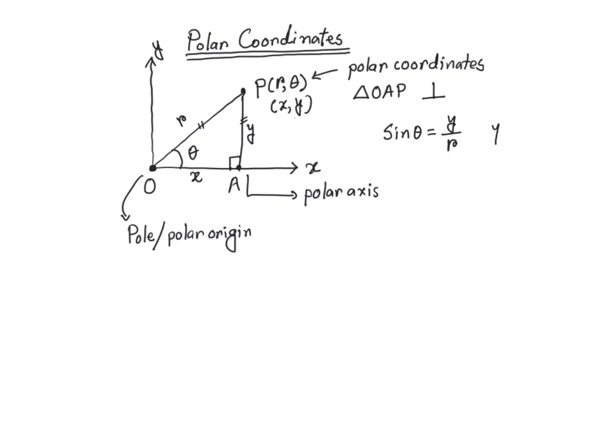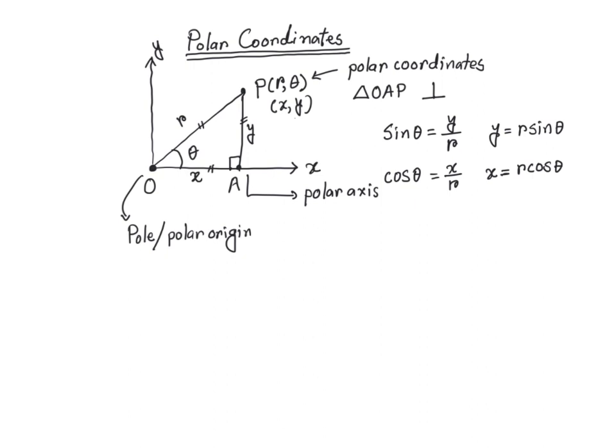I could write y as r sine of theta. Similarly, cosine of theta in that triangle would be adjacent over hypotenuse. Adjacent is x, so x over hypotenuse is r. So we could write x is equal to r cosine of theta. So this relates x and y with r and theta.